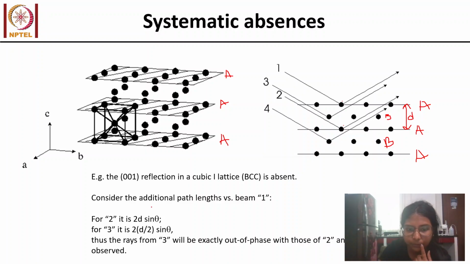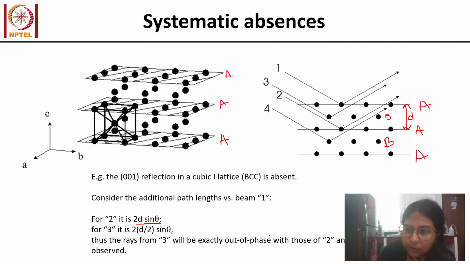The Bragg's law is 2d sine theta equals n lambda. So 2d sine theta is equal to some integral multiple of the wavelength lambda, so that they do constructive interference and we get the spots.